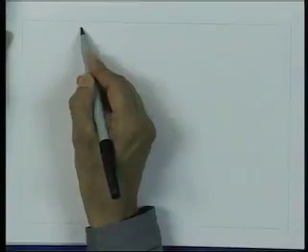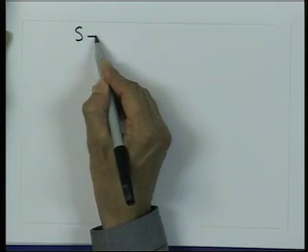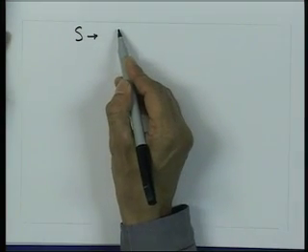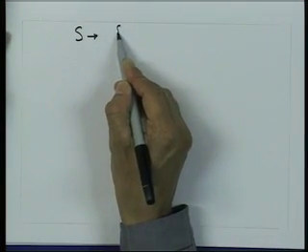Now let us take some clue from this example and try to discuss it in a more generic fashion. Suppose I have a source S which is a Markov source, it could be of any order, and this source S will obviously have some source alphabet.